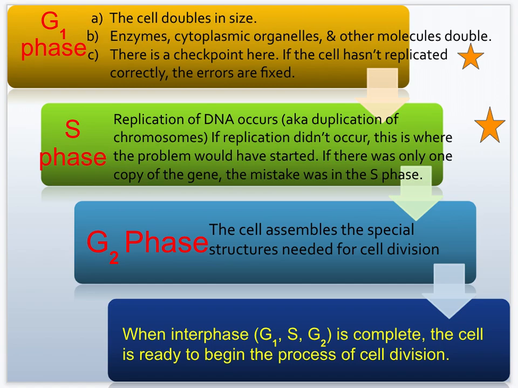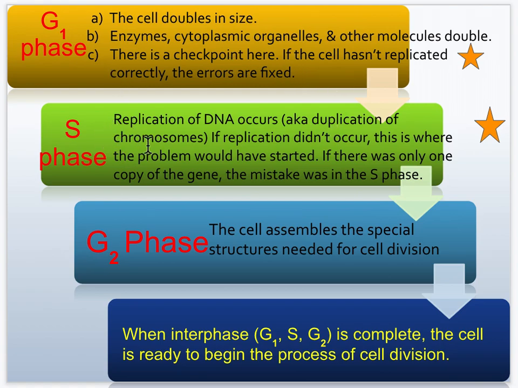There's enzymes, cytoplasm, everything is getting doubled. And then here, there is a checkpoint. If the cell has not replicated properly, either the problems will be fixed or the cell will actually lyse and basically die. Those are the options here. So it has this checkpoint to make sure that things are going well.